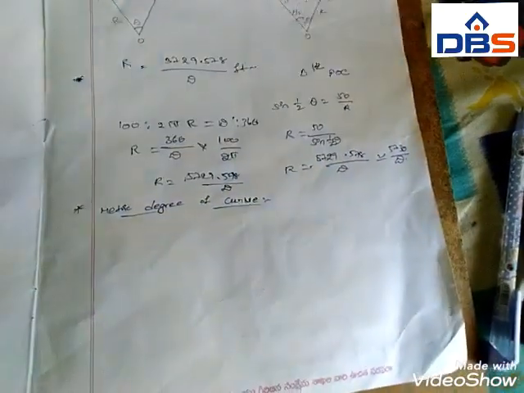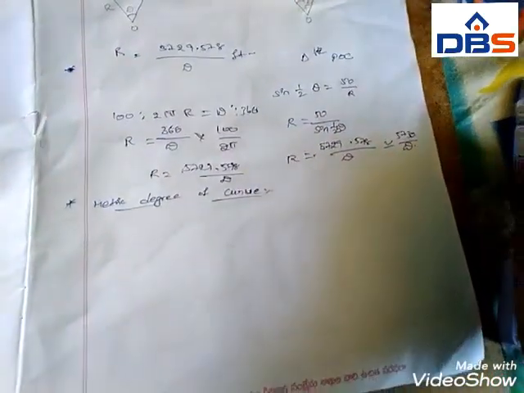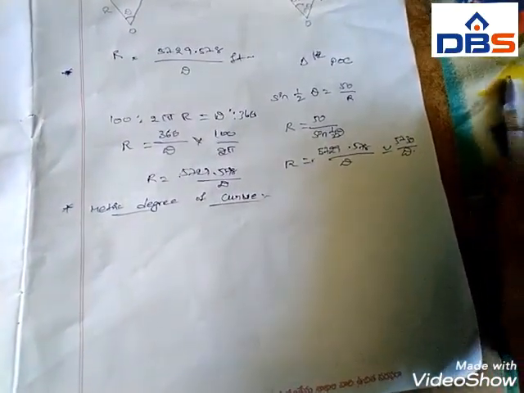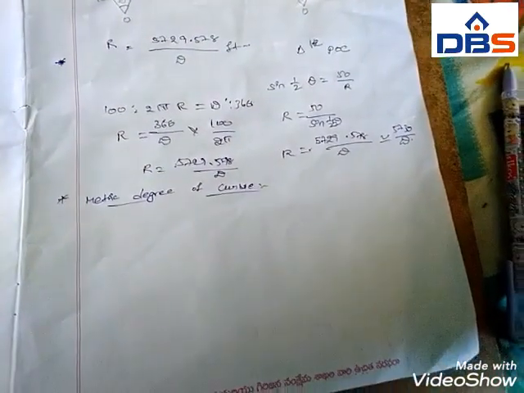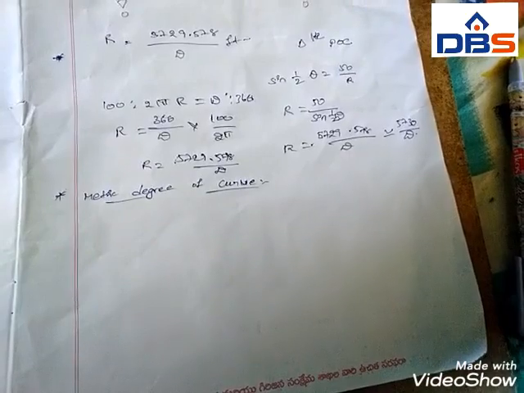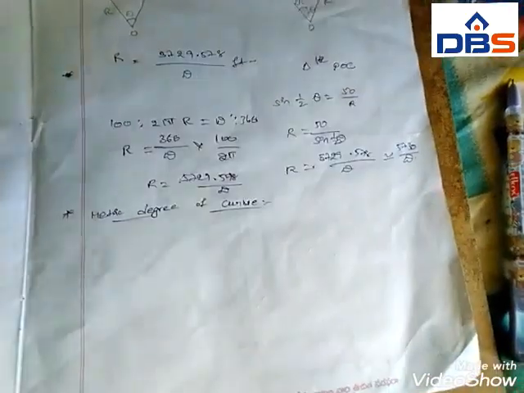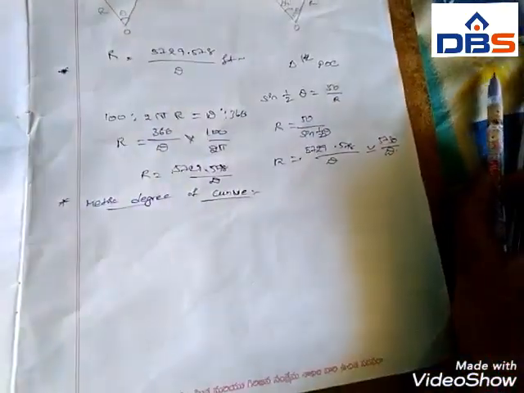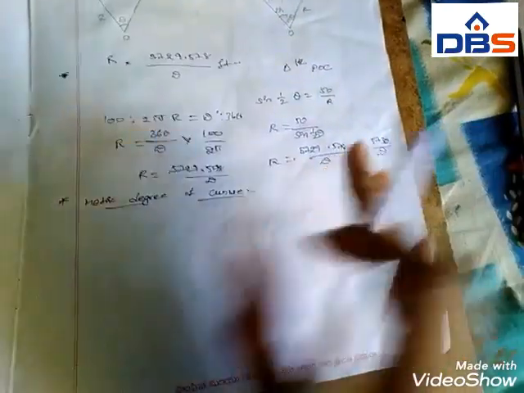Now we come to the topic metric degree of curvature. Here the metric degree of curvature consists of two types: angle subtended by an arc, and angle subtended by a chord. Here in the same procedure we get the same values.